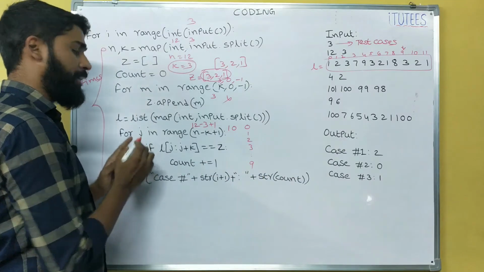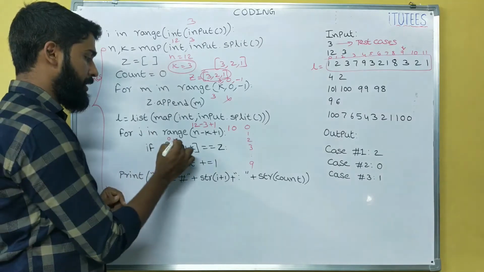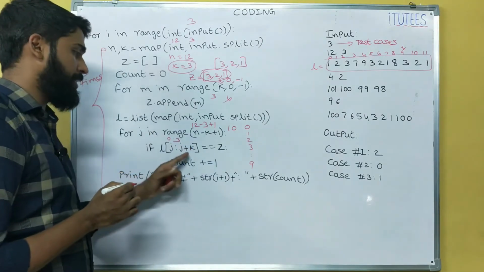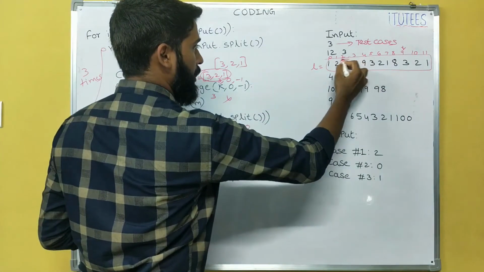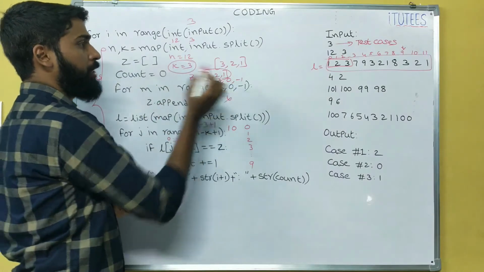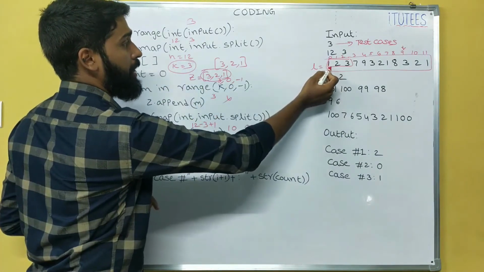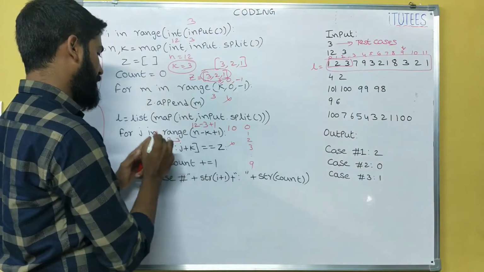Okay, so first j value equals 0. 0 plus k means 3. So that means this one up to here. This is compared to z. What is z? 3, 2, 1. What is the list slicing here? 1, 2, 3. This is not equal. So we go to the next increment.